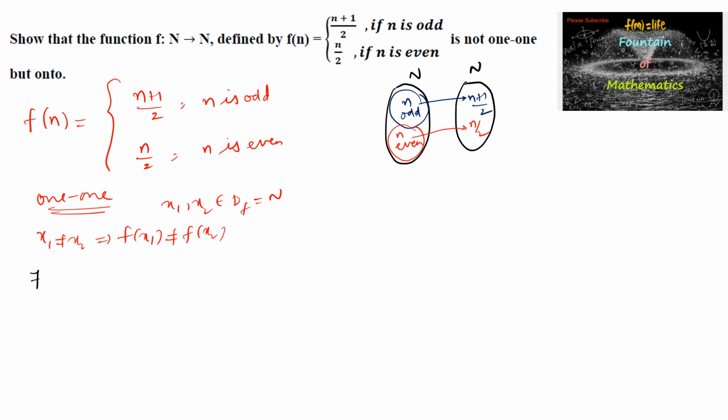We know that 7 is not equal to 8, but f of 7, since 7 is an odd number, is (7 plus 1) upon 2, which is 8 by 2, which is 4.